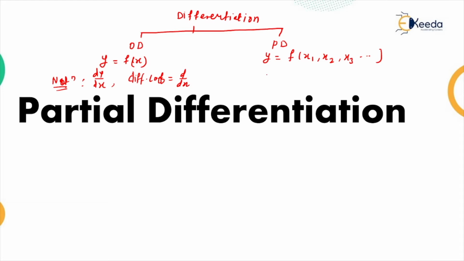In partial differentiation, we have to differentiate y with respect to two or more variables. That means we differentiate y with respect to x1, then with respect to x2, then with respect to x3 and so on, as there are many variables. That type of differentiation is called partial differentiation, and the notation is delta y by delta x, or dabba y divided by dabba x1.